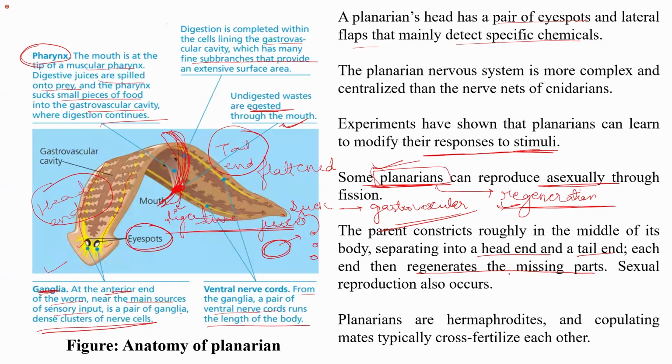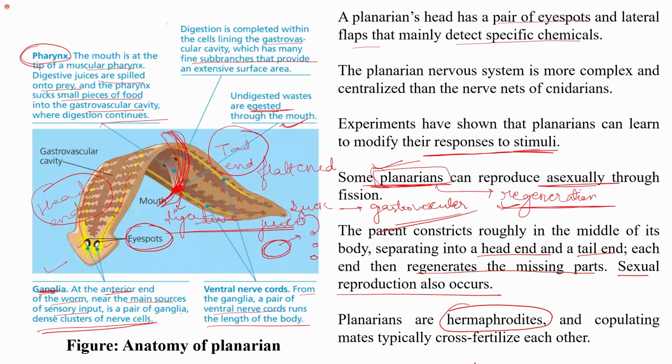Apart from asexual reproduction, sexual reproduction also occurs in planarians. Planarians are hermaphrodites, and copulating mates typically cross-fertilize each other. So we will see what I mean by this. By hermaphrodites, we know that they have both male and female organs within the same organism.